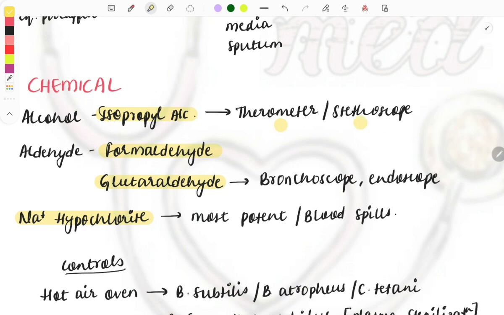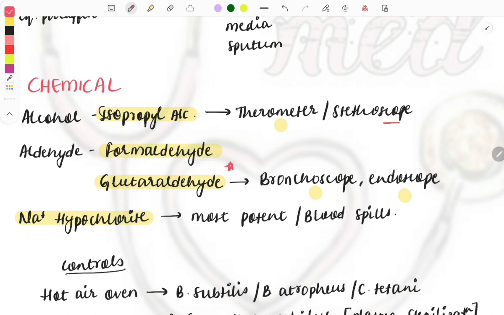Then aldehydes: formaldehyde and glutaraldehyde. Glutaraldehyde is for the bronchoscope and endoscope. This one was a PYQ. One thing we will remember is that all the scopes are sterilized using glutaraldehyde except the stethoscope, because the stethoscope is done by alcohol.